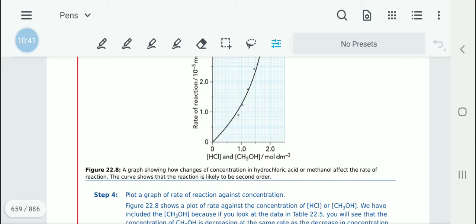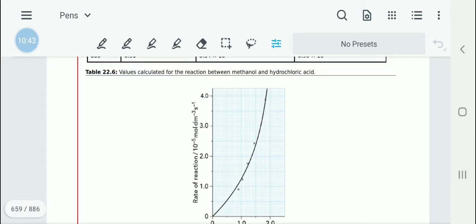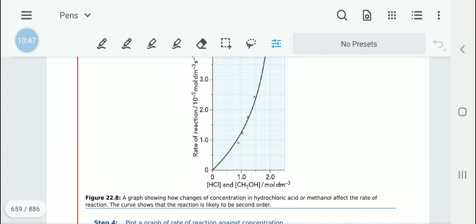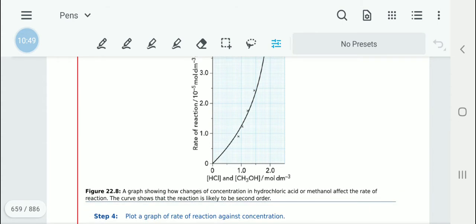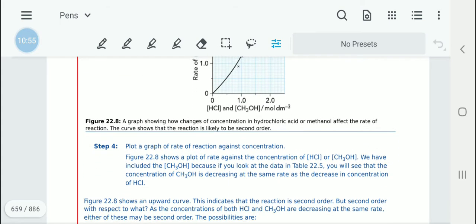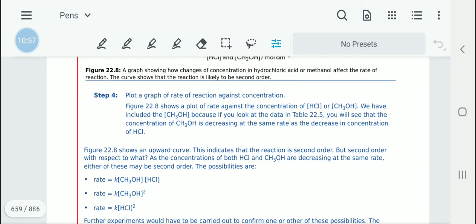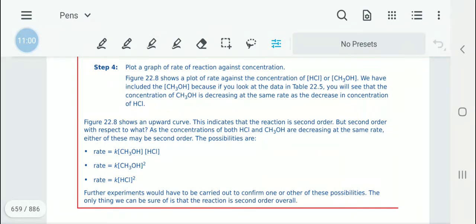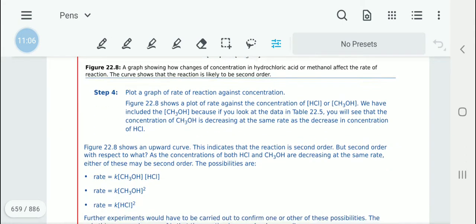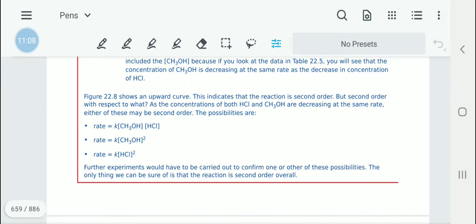When you draw the curve of rate of reaction against HCl and methanol concentration, it gives us the idea that it is most likely to be second order. So in this 22.8 graph, what we see is an upward curve. So that gives us a second order.